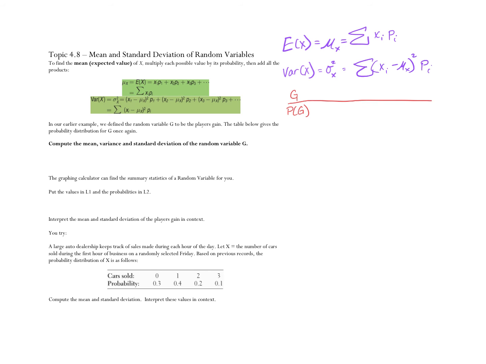So the table of your guys' gain on the previous page was that you would win 25% of the time, break even 25% of the time, lose 50% of the time.